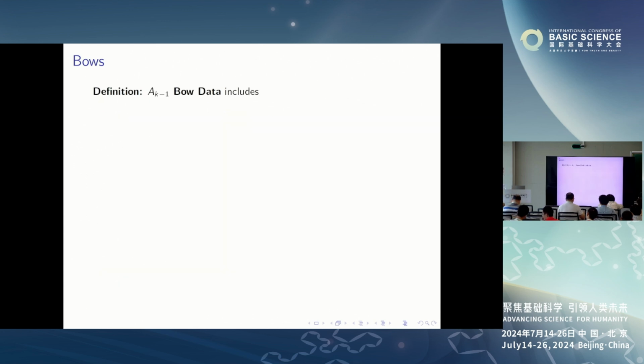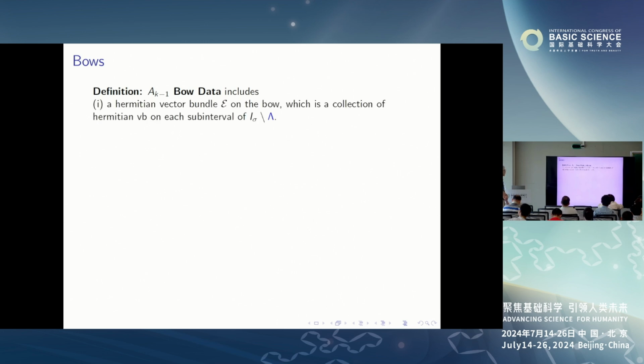All right, so associated with that picture, I'm going to introduce the bow data for this AK-1 bow. The bow data first gives us a Hermitian vector bundle. I'm calling it calligraphic E again. I hope that doesn't cause trouble. It's a collection of Hermitian bundles on each of the line segments.